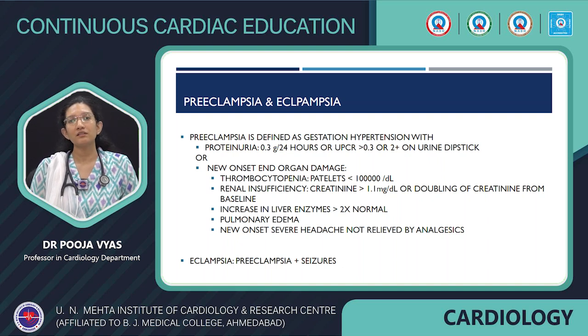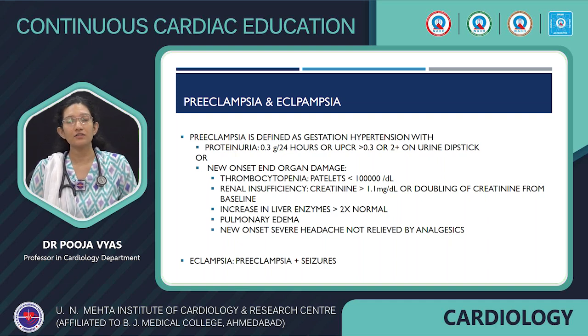Or there should be an increase in liver enzymes of more than twice the normal range, or pulmonary edema, or new onset cerebral symptoms characterized by headache or visual disturbances which are not relieved by analgesics. So these are the criteria needed to diagnose preeclampsia, and when there is preeclampsia and presence of seizures, it is called eclampsia.